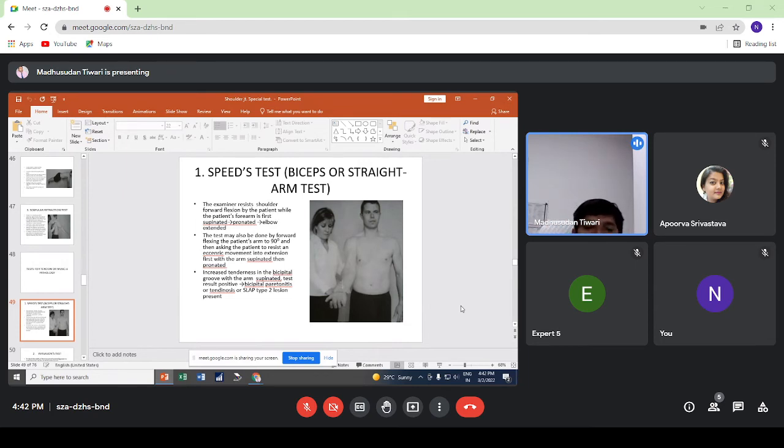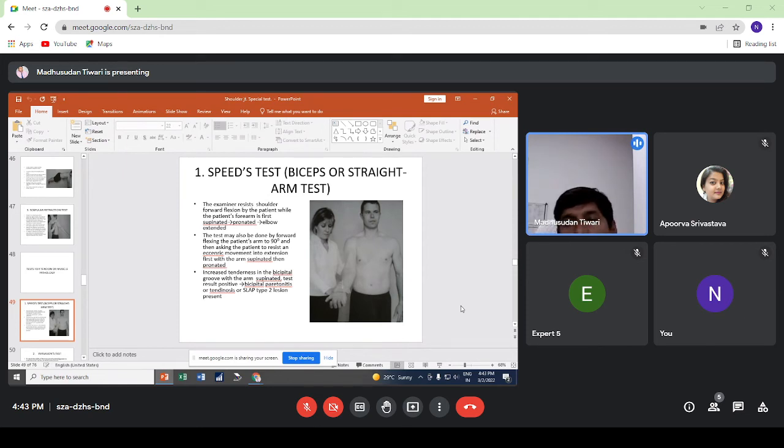This is known as a speed test. These tests show bicipital tendonitis in the bicipital groove with the arm supinated. See, when the forearm is supinated and someone is doing flexion, this is done by the biceps muscle. When the forearm is in mid-prone position, this flexion will be done by which muscle?